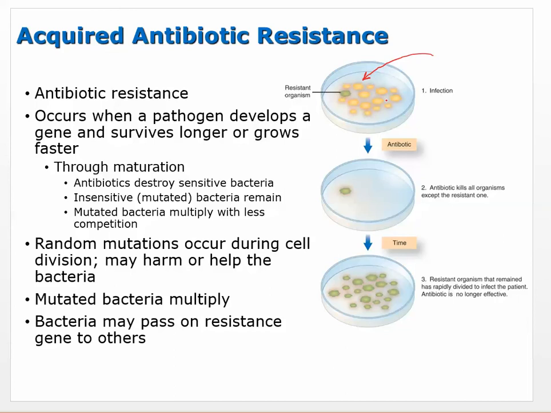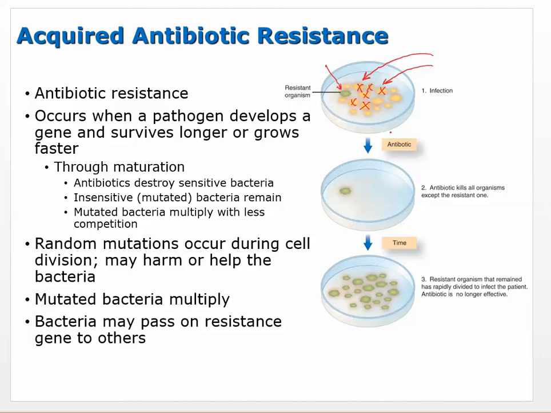But if you have an infection and you're kind of overrun and your immune system isn't able to keep up, then we can take antibiotics, and those antibiotics will target the cells that are susceptible to the antibiotic. But sitting over here is a resistant one.